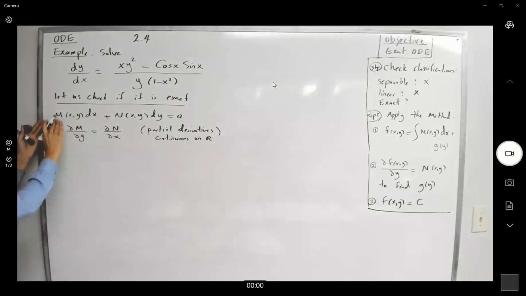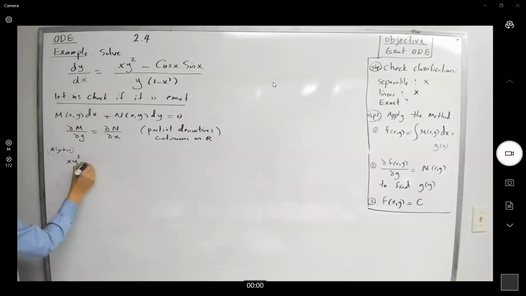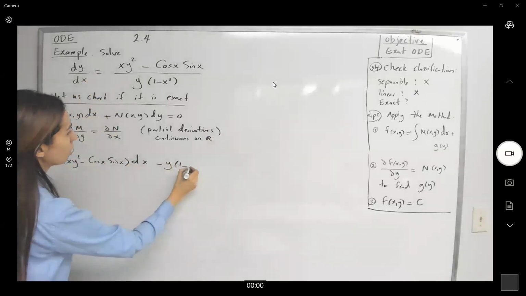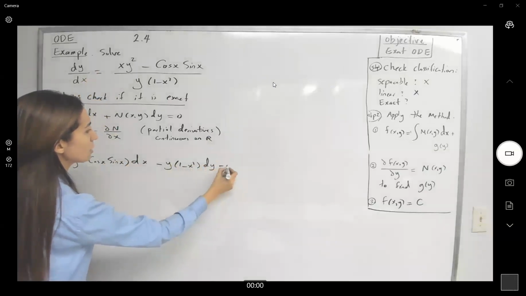Okay, so first let's write it as an exact differential equation so that we can check to see if it's exact or not. So here you get just pure algebra. Just do algebra here and then write it this way: x y squared minus cosine x sine x dx, and then let's bring the rest of it to the other side, minus y times 1 minus x squared dy equal to 0.